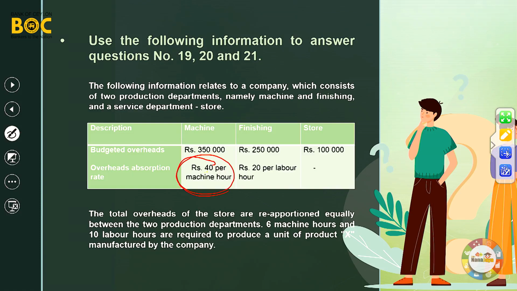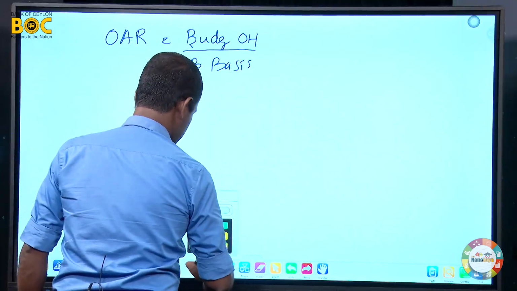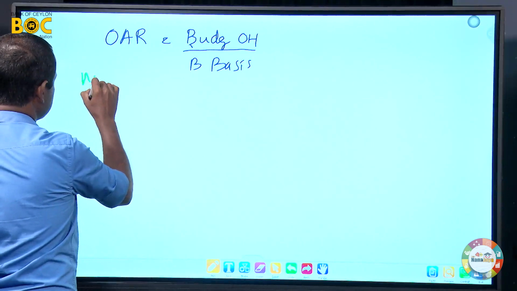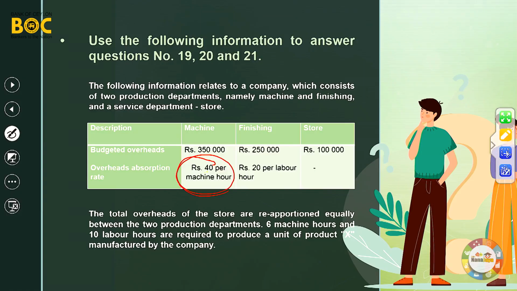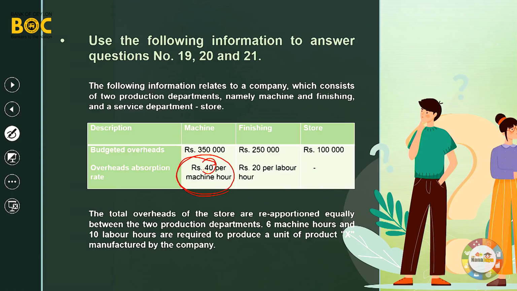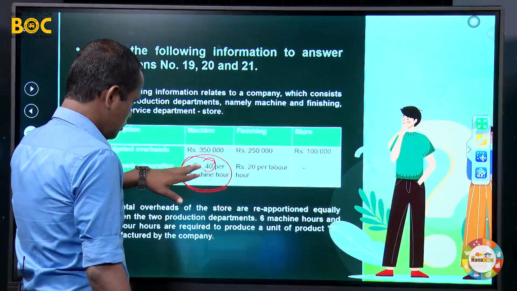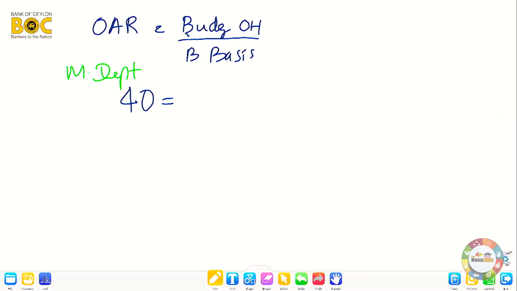We will take the machining department. The machining department overhead absorption rate is given. How much? Here you have 40 rupees. The 40 rupees is based on what? 40 rupees per machine hour, budgeted machine hours.